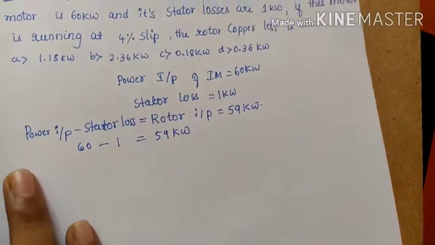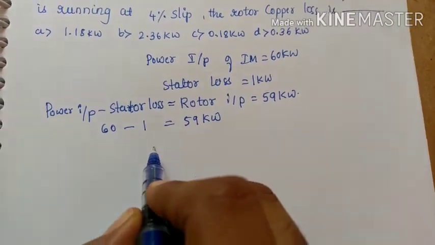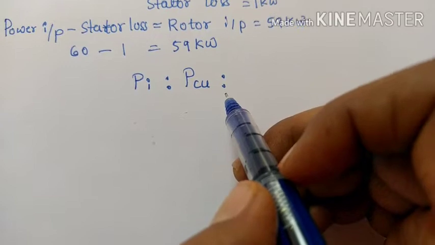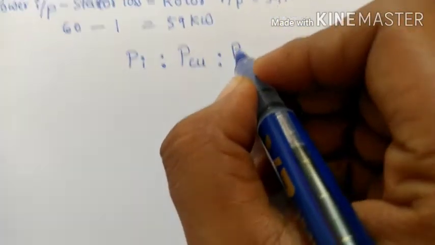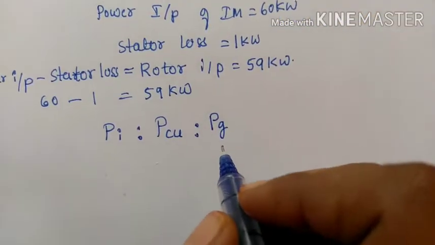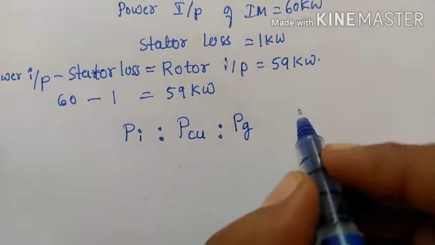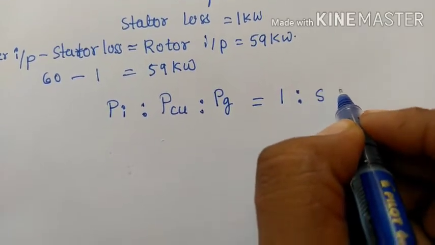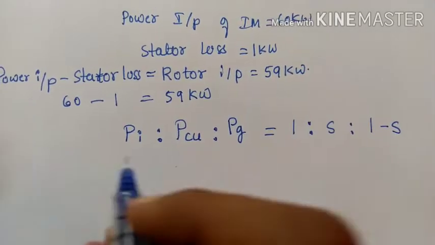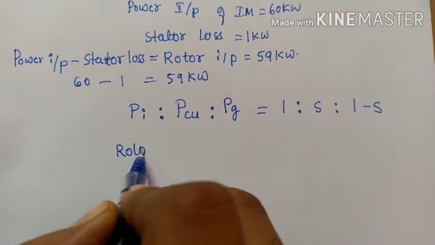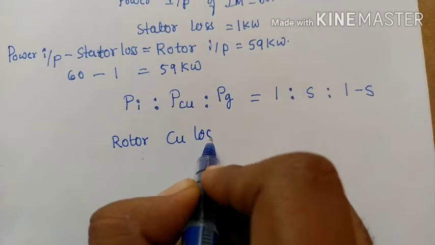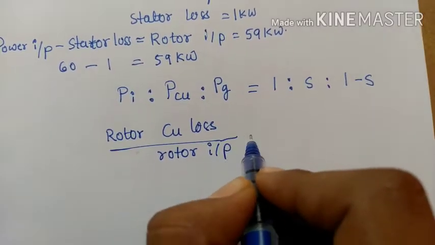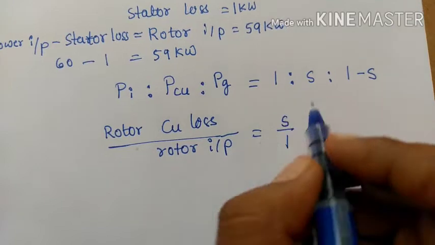We know that in the power flow diagram we have a relation between rotor input PI, rotor copper losses PCU and PG, the gross mechanical power output. For this we have the relation 1 is to S is to 1 minus S. So rotor copper losses divided by rotor input equals S by 1.